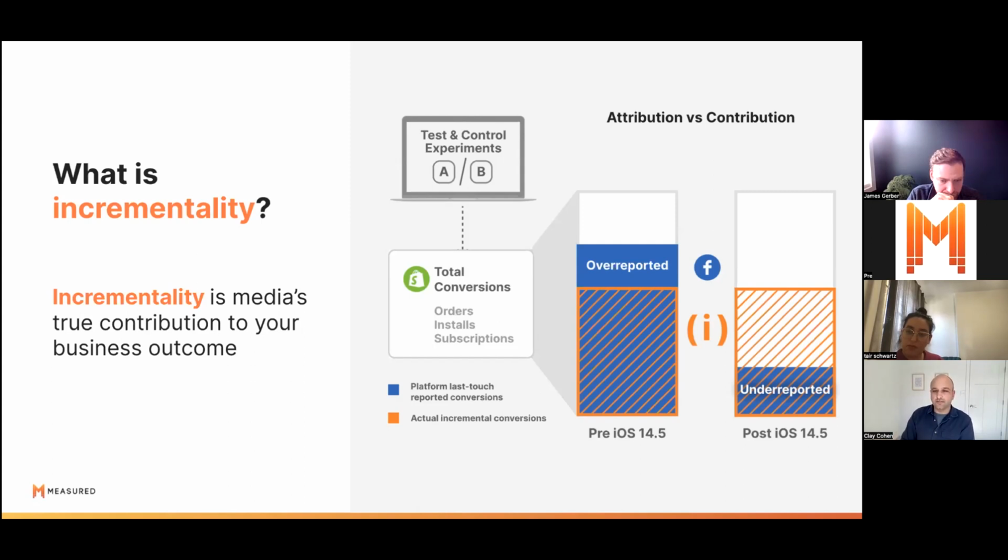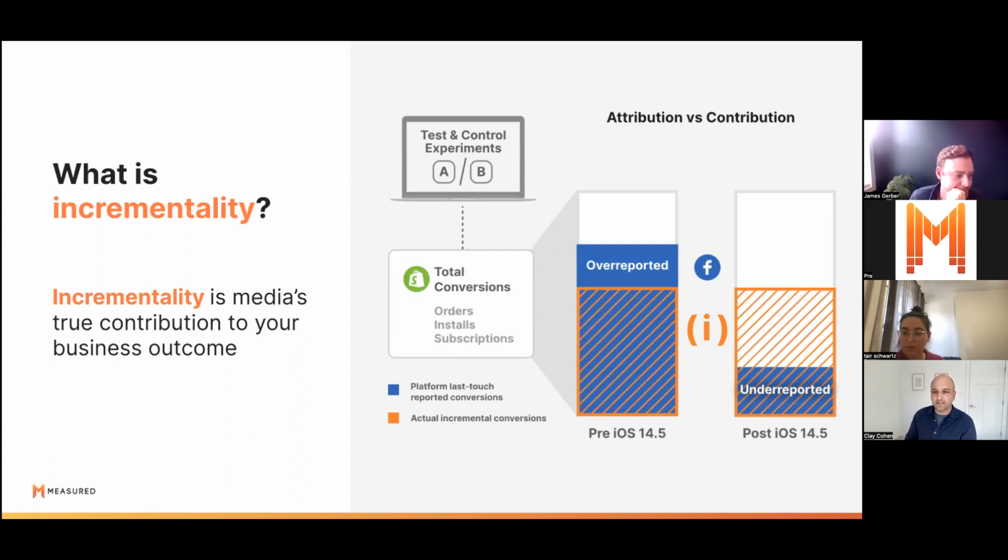Now in the post-iOS 14 environment, we do find an increasingly common phenomenon where Facebook is underreporting because their very short look-back windows do not enable them to see enough of the data to take credit where it is due. And incrementality measurement enables you to identify through an A/B test, as we'll discuss later, for example, a geo holdout test, what happens when we either have or don't have this media in play, and what is the effect, the true contribution on the actual business performance.